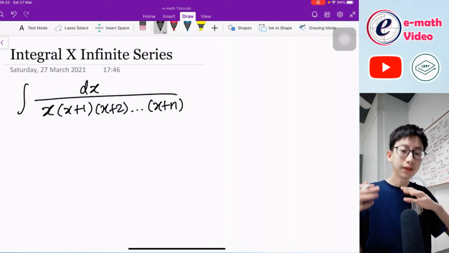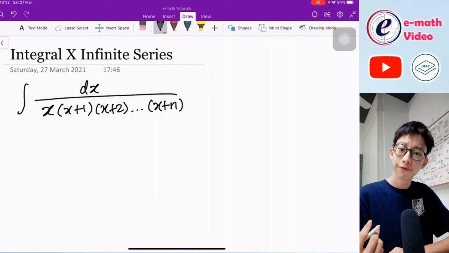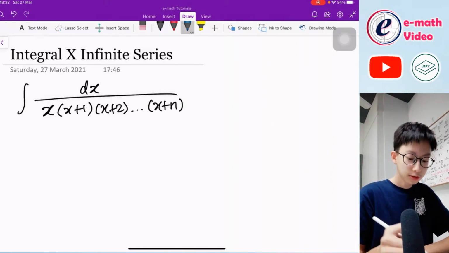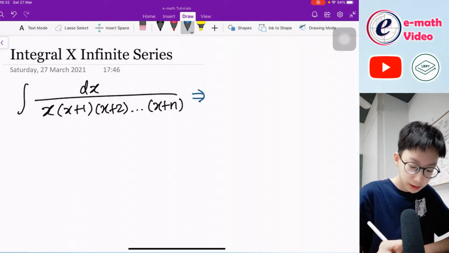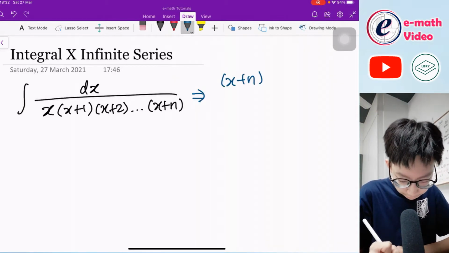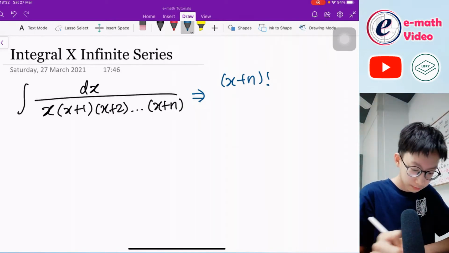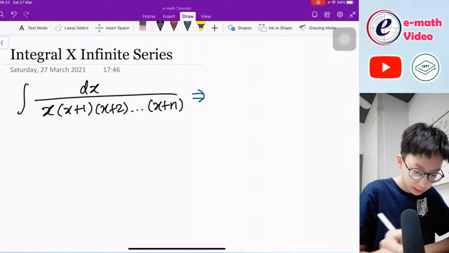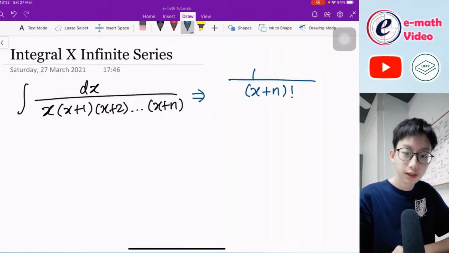So the first thing that comes to mind when you look at this integral is maybe a factorial, isn't it? So let's try to write it in terms of factorial. It will be 1 over (x plus n) factorial, the one at the bottom.